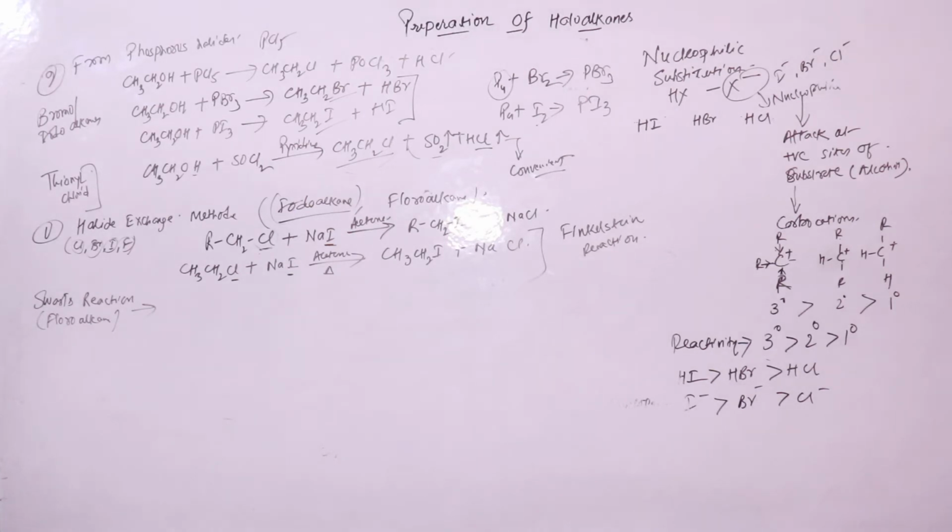Since we want a fluoroalkane, we will treat it with antimony trifluoride in the presence of a salt of antimony in which antimony has +5 valency.